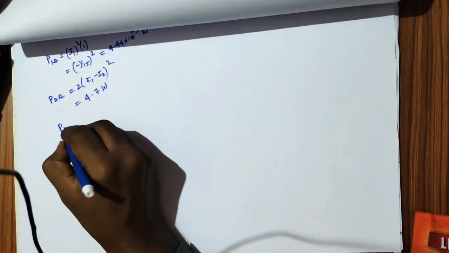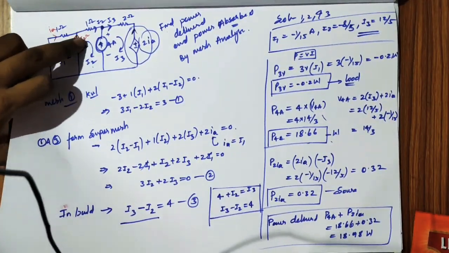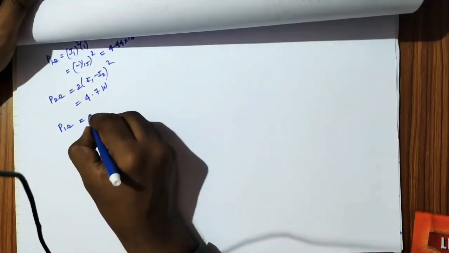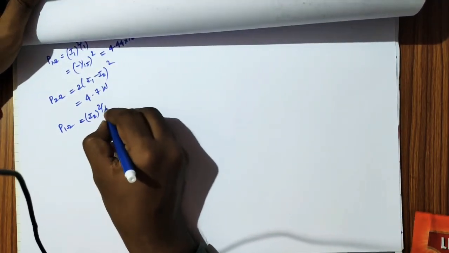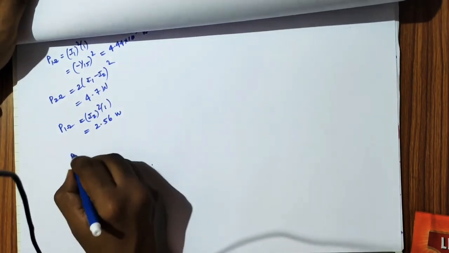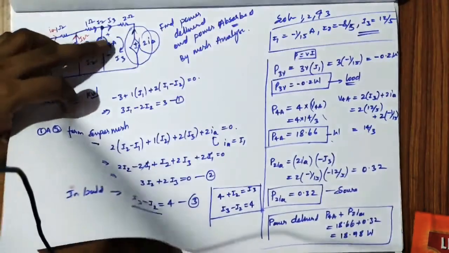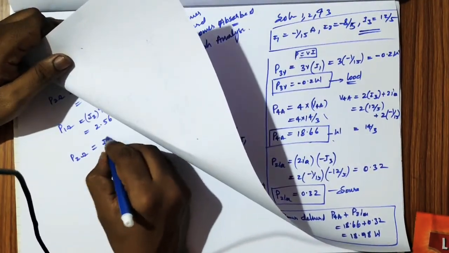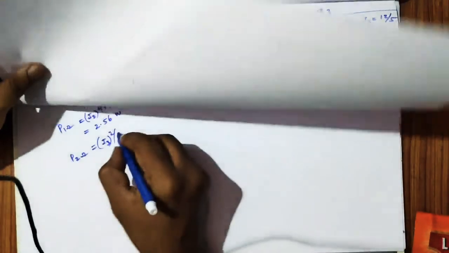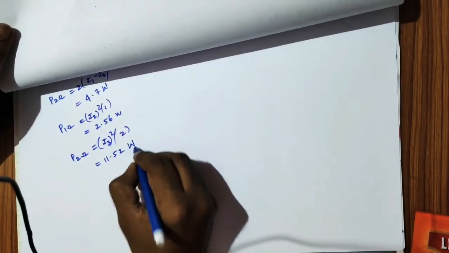The power dissipated by another 1 ohm, the current flowing through the 1 ohm is I2, therefore I2 square into 1, you will get a value of 2.56 watt. And the power dissipated by this 2 ohm, the current flowing through the 2 ohm is I3, so I3 square into 2. This will be a value of 11.52 watt.